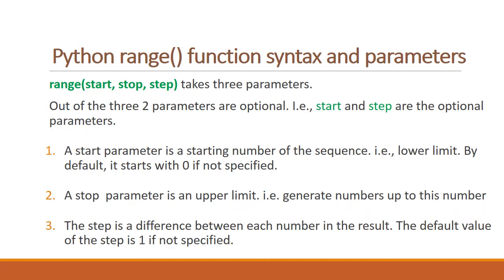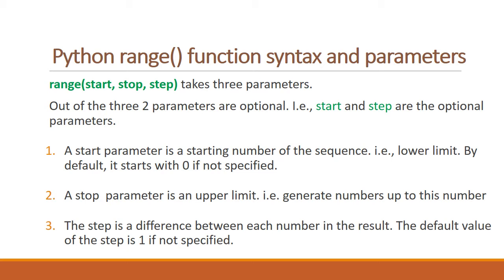The range function takes 3 parameters: start, stop, and step. Of these 3 parameters, 2 are optional and may be omitted: the start and the step. A start parameter is a starting number of the sequence, or the lower limit. By default, it starts at 0.